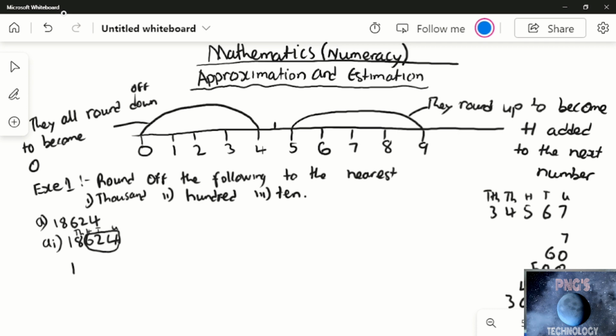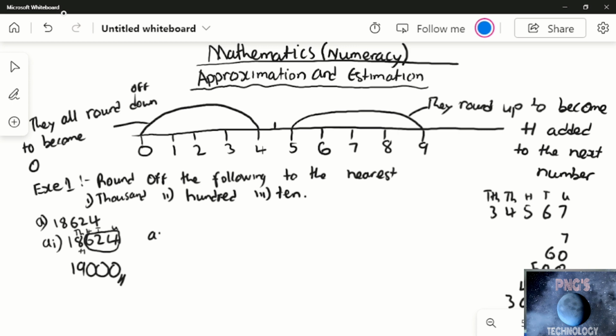So 4 becomes what? 0. 2 becomes what? 0. 6 becomes what? Plus 1 to the next number. So it will not be 0, but it adds 1 to 8. So 8 plus 1 is 9. So this is our answer.